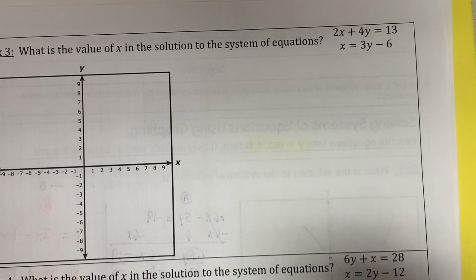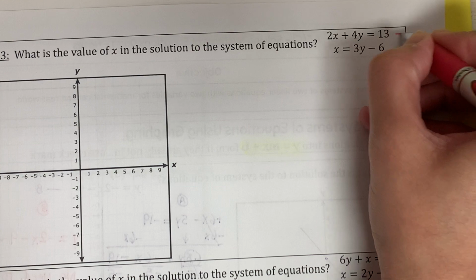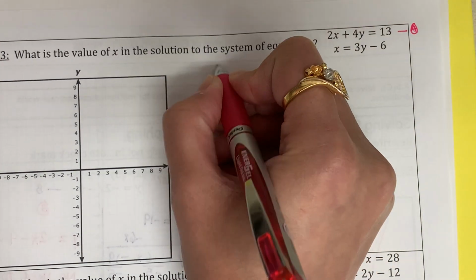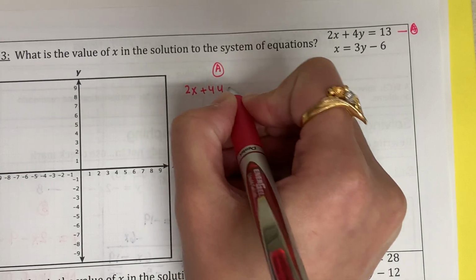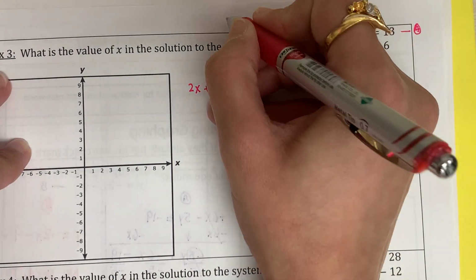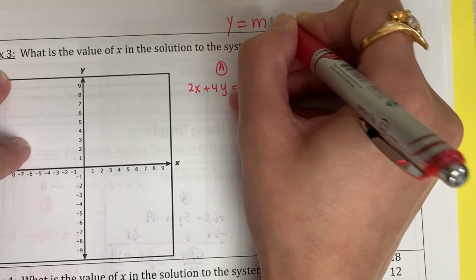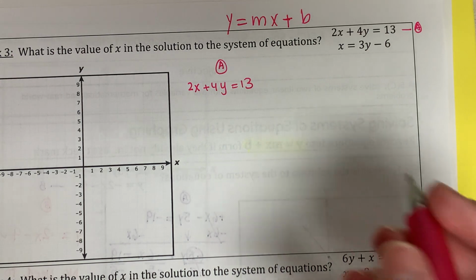Let's see. I have 2 equations over here, so let's work with the first one. I'm gonna call it A. So A goes over here, 2x plus 4y equals 13. I have to rewrite, and remember, you have to rewrite as y equal mx plus b. So have that over here on the top so you remember.